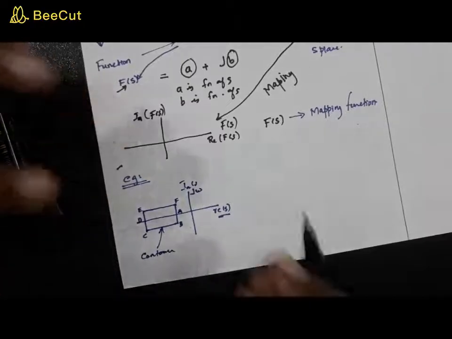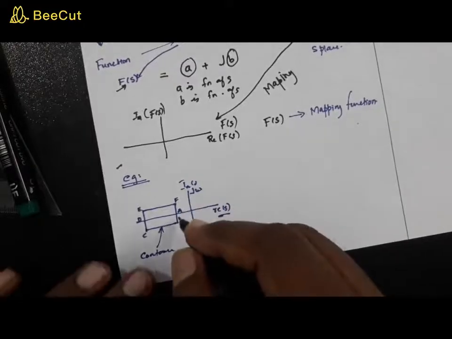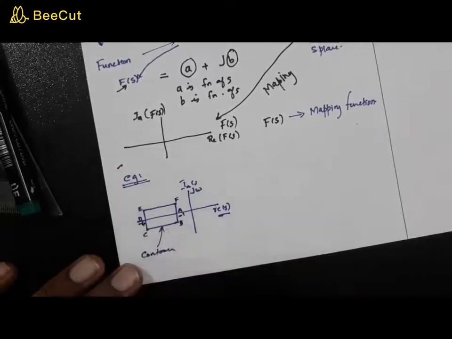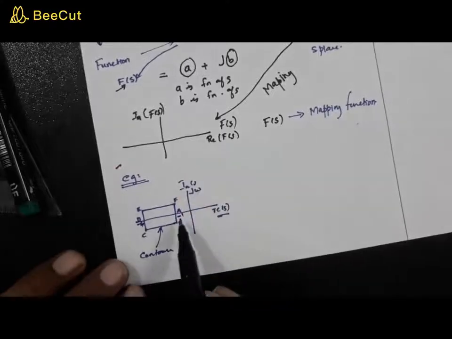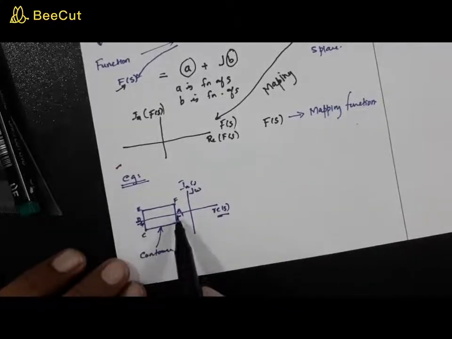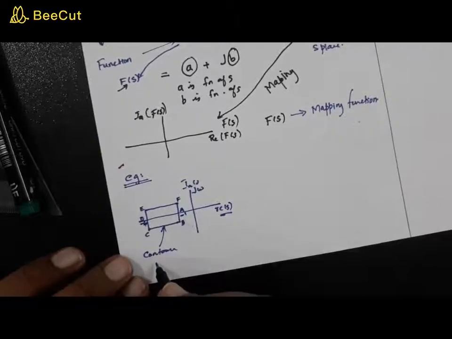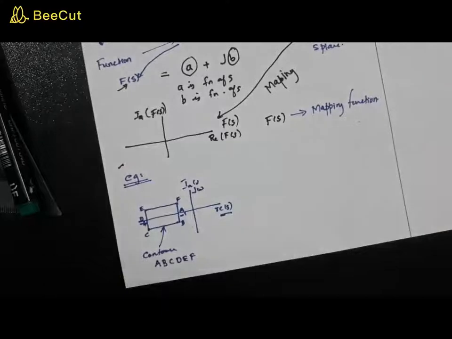So this point a is at -1, and this point is at -4. I have identified some points in between -1 and -4, and I have closed the path so that this contour can be named a, b, c, d, e, f. So this is a contour I have identified in an S-plane.